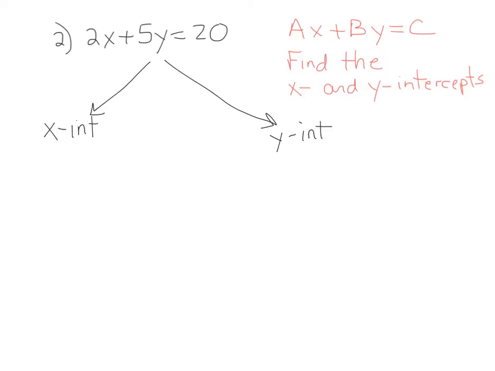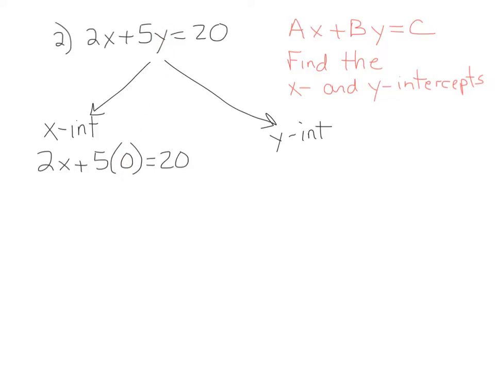To find the x-intercept, you're going to substitute 0 in for y. So you rewrite the problem, 2x plus 5y equals 20, but instead of y, you substitute 0 in.